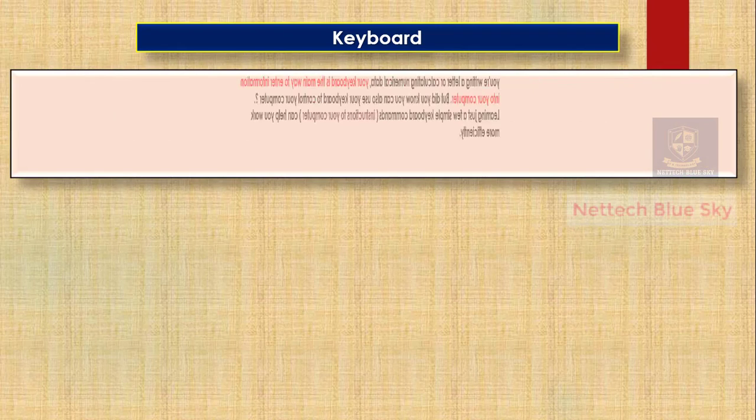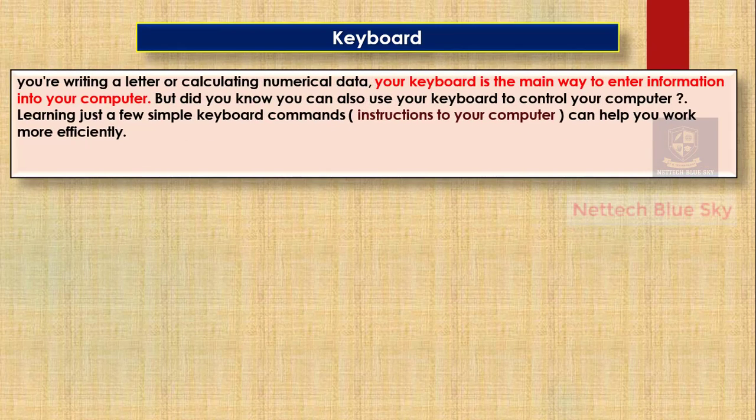What is a keyboard? Whether you are writing a letter or calculating numeric data, your keyboard is the main way to enter information into your computer. Generally, any information you add to your computer, such as calculations or creating programs, is entered by keyboard.